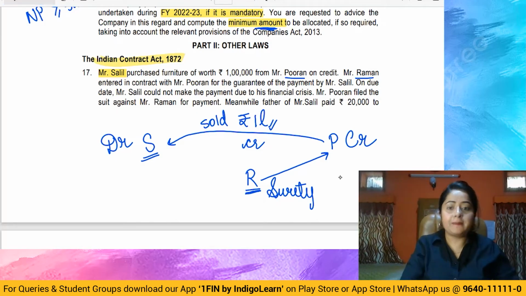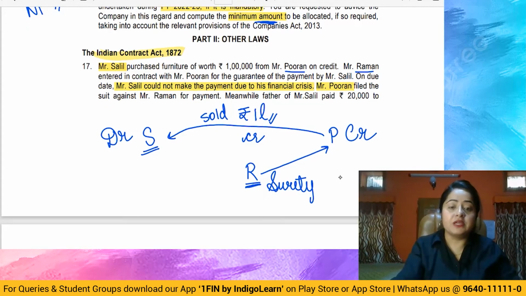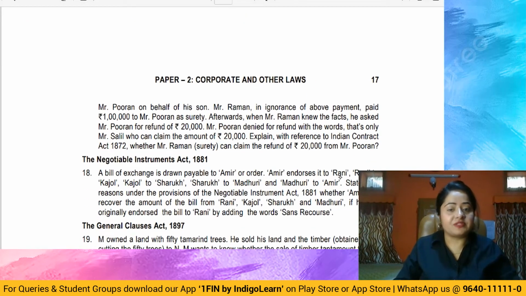Okay, let's keep reading. Mr. Puran filed the suit against Mr. Raman for payment, as Mr. Salil could not make the payment due to some financial crisis. Meanwhile, the father of Mr. Salil paid 20,000 rupees to Mr. Puran on behalf of his son.